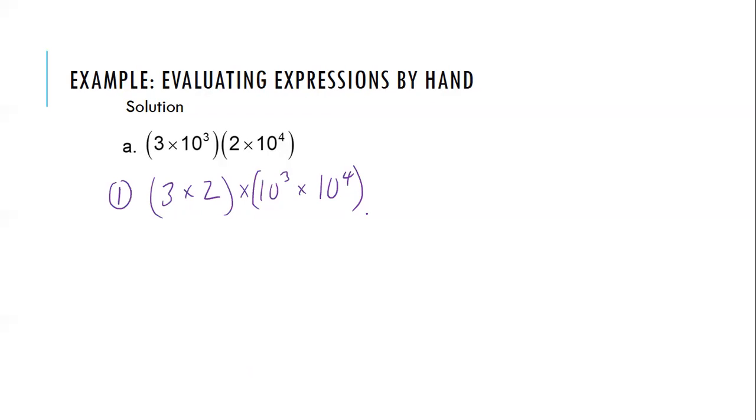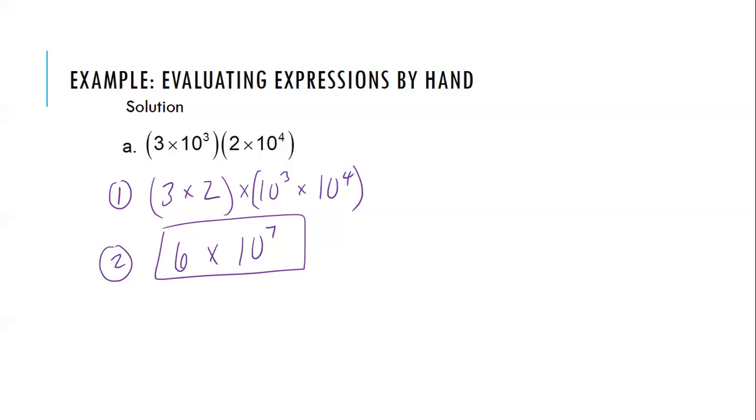Yeah, you just call it the 4th. After cube, we just say 4th. And then you're going to evaluate each one. So we have 6 times 10, and again, you're adding your powers. So 3 plus 4 is 7. And you've evaluated. So 3 times 10 to the 3rd times 2 times 10 to the 4th would equal 6 times 10 to the 7th.